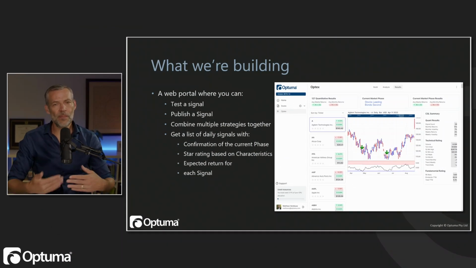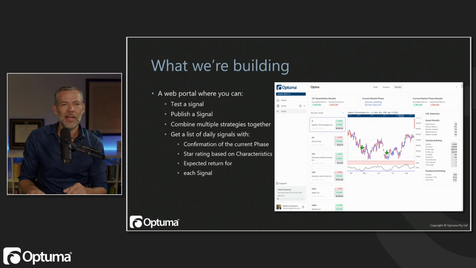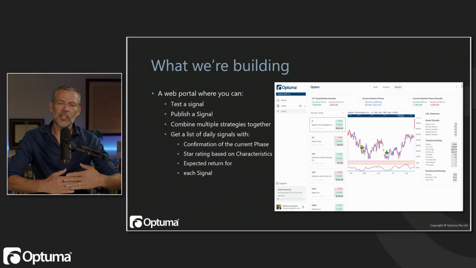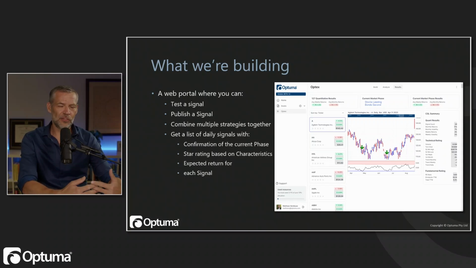Simplify the workflow, simplify the ability to create these ideas and do all the quant testing you need to. So our new web portal that we're building for this is like the scan results page that we've got there. But the goal is that you can put in a script and then immediately it tests it.